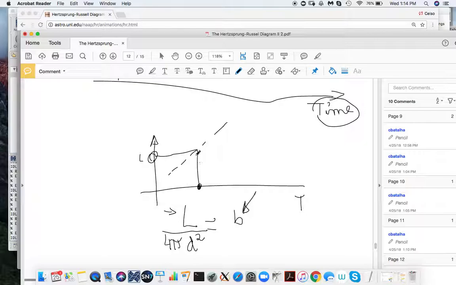Luminosity is the energy the star itself is sending out. And again, if you just measure the period of the star, you have the luminosity. The brightness, you just observe the star. So what do you get? You get the distance.